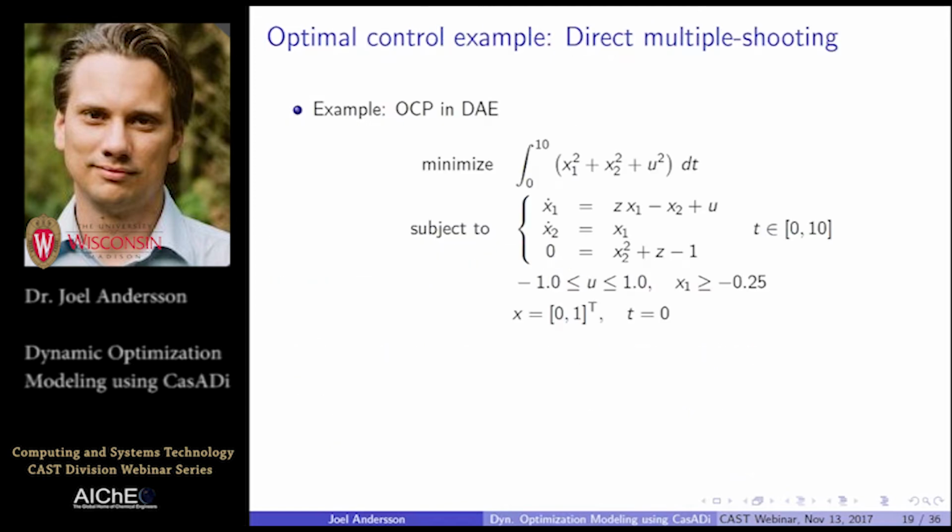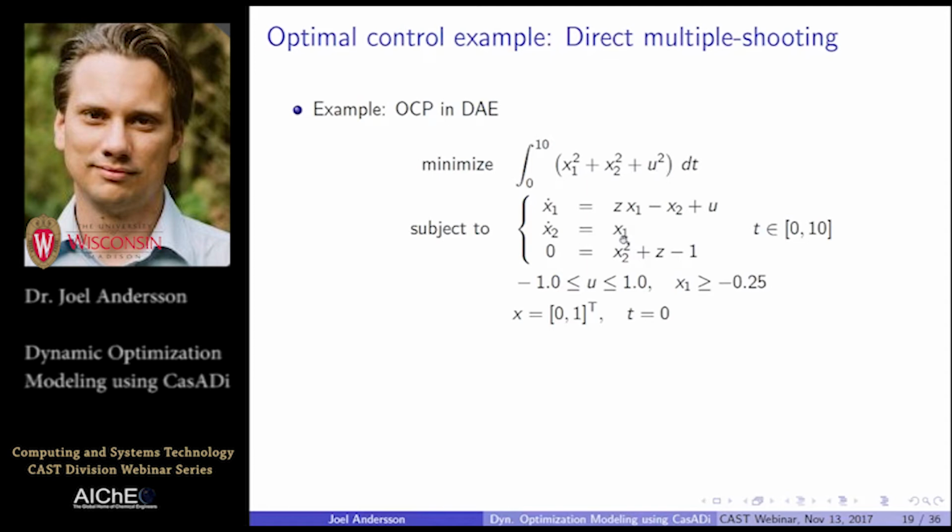All right, so I'm going to make a small demo to just give you an idea if you haven't seen CasADi before. So here is a simple optimal control problem. We're trying to minimize an integral over, let's say, 10 seconds, and we're trying to penalize the square deviation from the origin, and we have this quadratic penalty of the control effort.